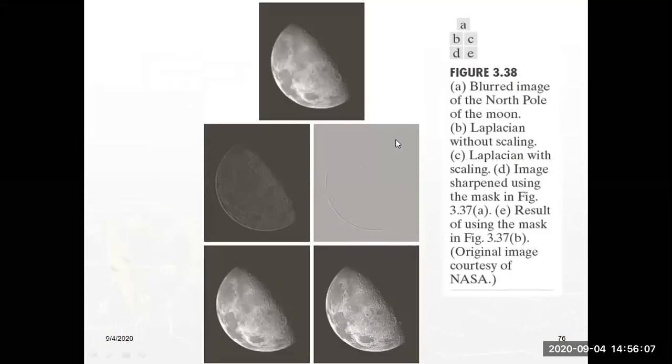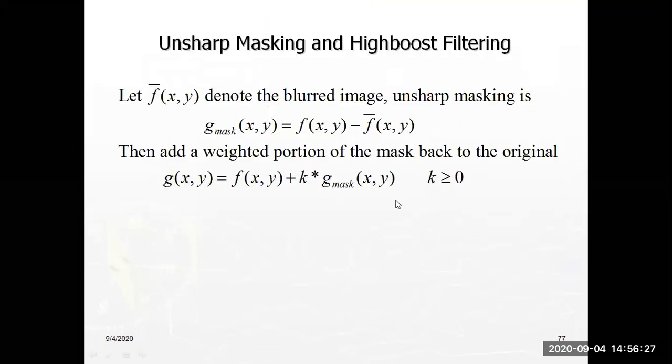Then the images will be like this: image D and image E. D and E are the images obtained after the filtering, that is, the Laplacian masks operated on the first image, that is the blurred image.